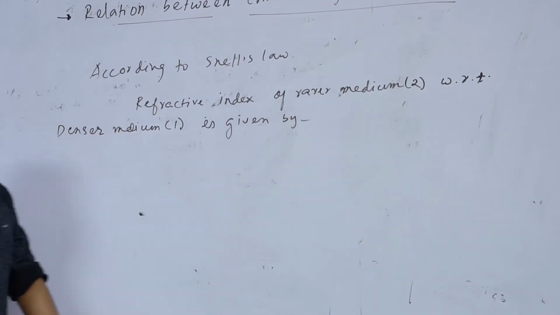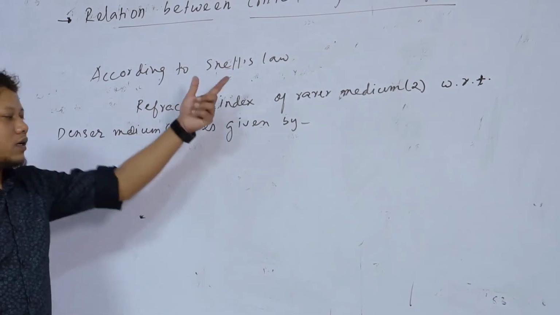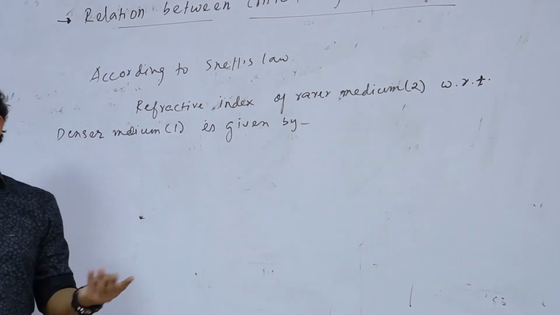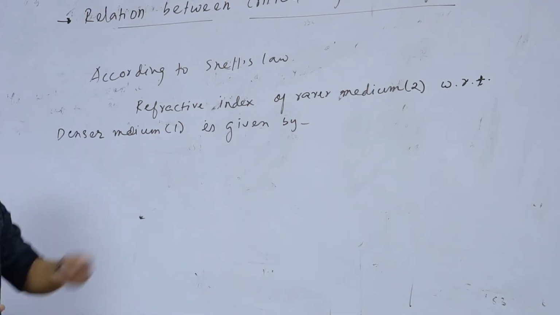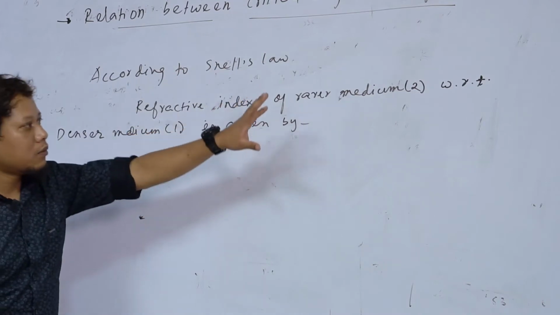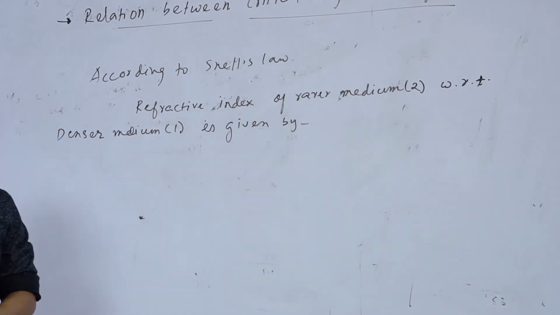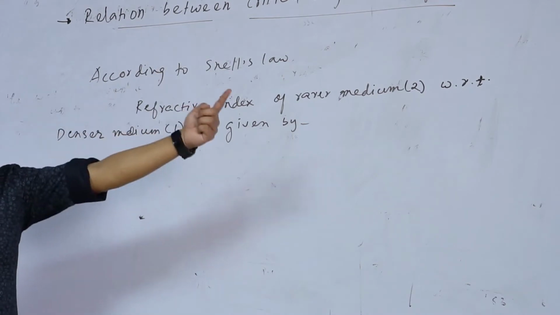Why am I writing from denser to rarer? Because this is the case of total internal reflection. If there is no total internal reflection, we won't get the new parameter, the critical angle. So I am writing the refractive index of rarer medium with respect to denser medium, because the ray of light is traveling from denser medium to rarer medium.